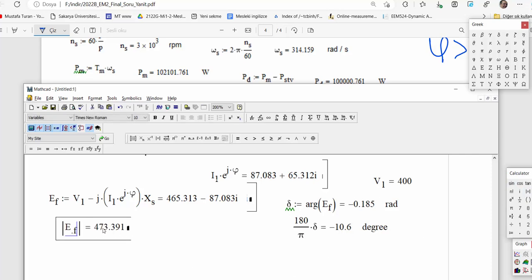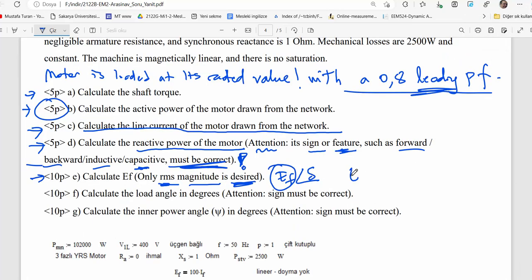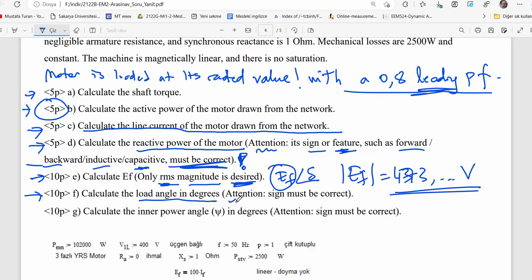It is RMS magnitude such a volts. Okay, we got it. Amplitude of EMF is 473 blah blah volts. The next question, calculate the load angle in degrees. Take care the sign of delta, load angle must be correct.